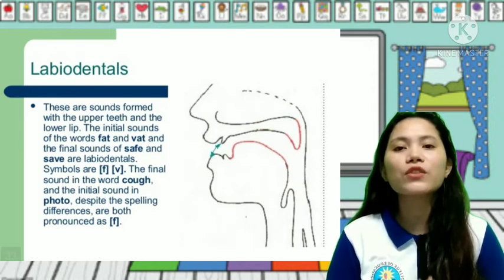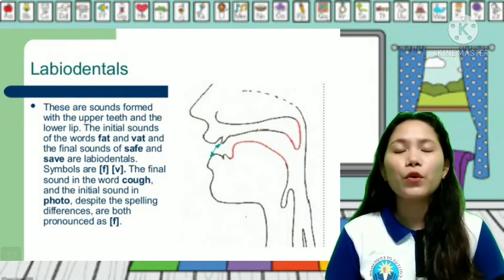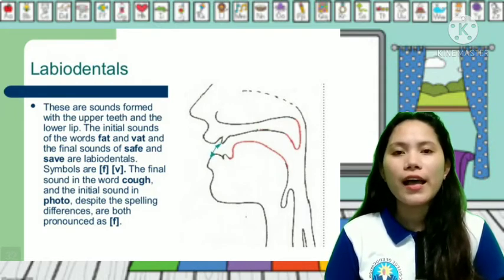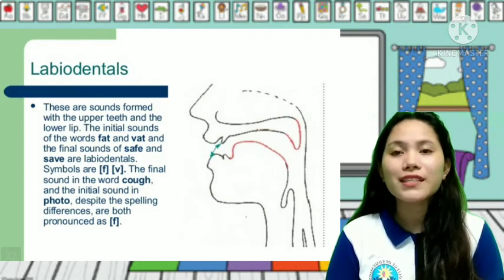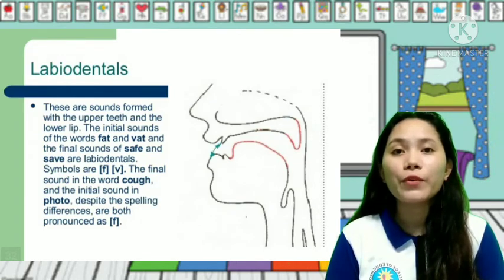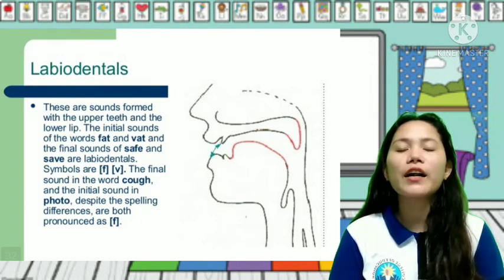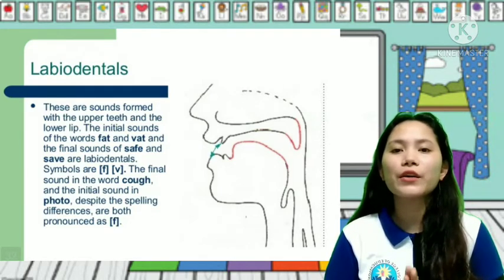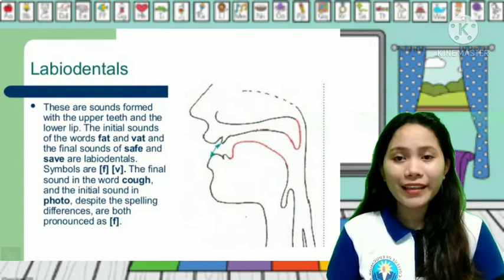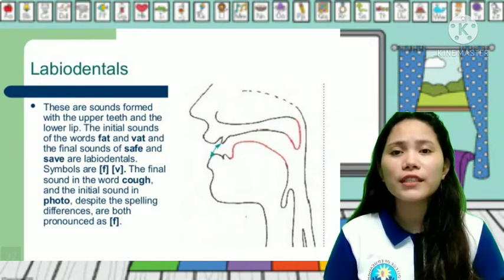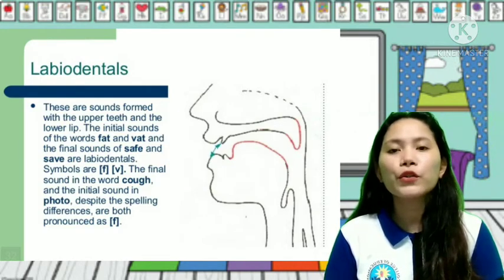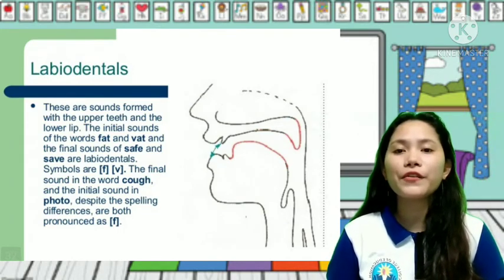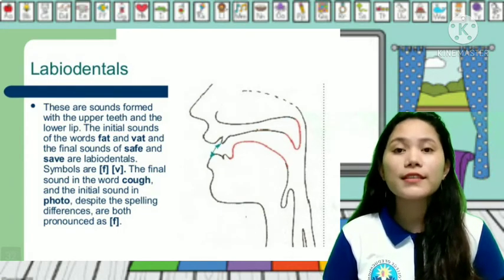The initial sounds of the words fat and vat, and the final sounds of save, are labiodentals. The symbols are F and V. The final sound in the word cough and the initial sound in photo, despite the spelling differences, are both pronounced the same.